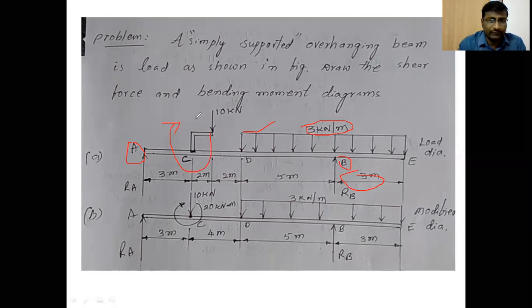Therefore, it develops a clockwise moment: force into perpendicular distance, 10 into 2, which is 20 kilonewton meter, a clockwise moment developed at point C.